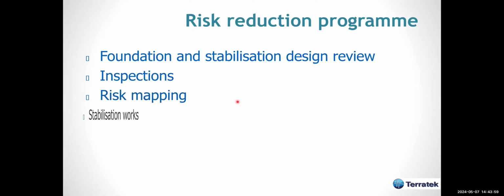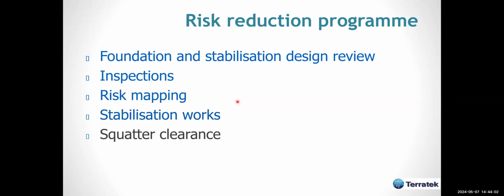This is very important. Risk mapping, stabilization works, and quarter clearance. I visited one of the last quarters they had in Hong Kong. They had a lot in the 70s, but when I lived in Hong Kong, much less. And they have the alarm system, which seems to be very effective.